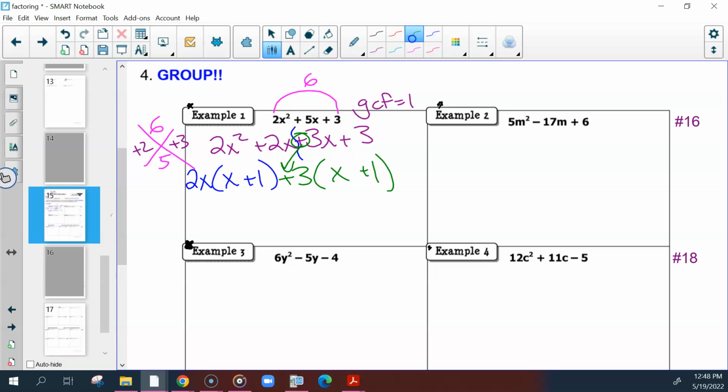If your insides are the same, and they should be, that becomes one of your factors. So x plus 1. And then everything on the outside becomes your second set of factors. 2x plus 3.